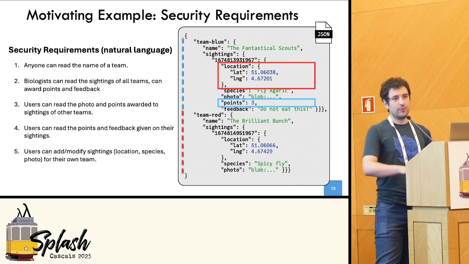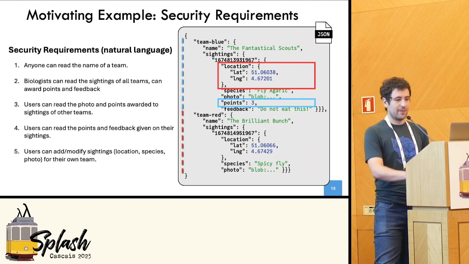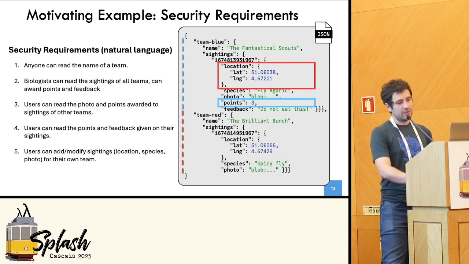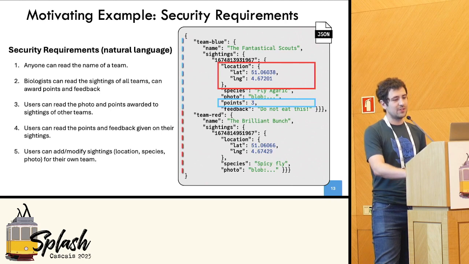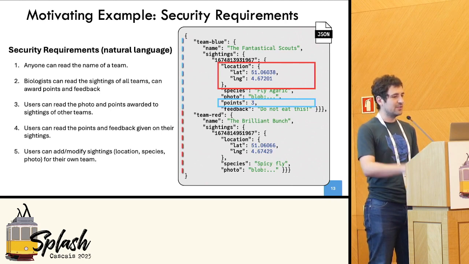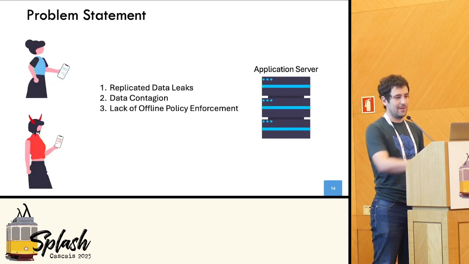And for example, once the blue team has been awarded some points, they shouldn't be able to arbitrarily increase those points and so cheat at the game. So this should not be possible. This is just a didactic example, of course, but it generalizes to any situation, for example in business applications where different users have different access to data.